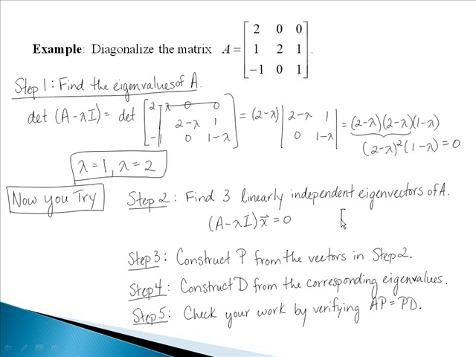So you're setting up your augmented matrix for A minus lambda I and 0 for each of our eigenvalues, and row reducing it and finding the general solution to get your eigenvectors. Step 3, construct P from the vectors that you found in step 2. Step 4, construct D from the corresponding eigenvalues. And step 5, check your work by verifying that AP is equal to PD. So make sure you're able to work on this, and we'll discuss it in class.